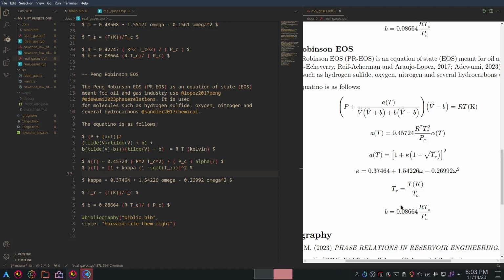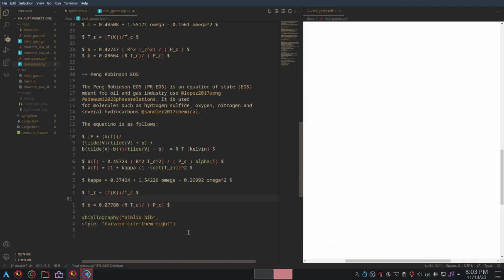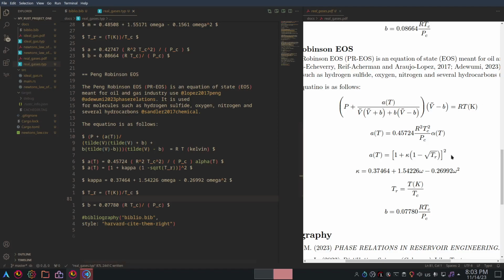And what else? b is also slightly different. You still have the R, Tc, and Pc right here, but this number right here is 0.07780. So this is essentially the Peng-Robinson equation of state.